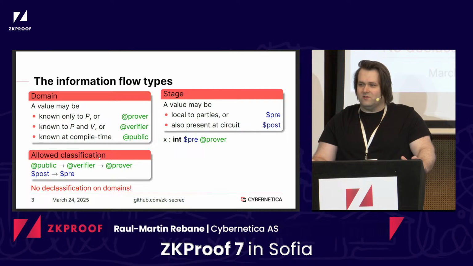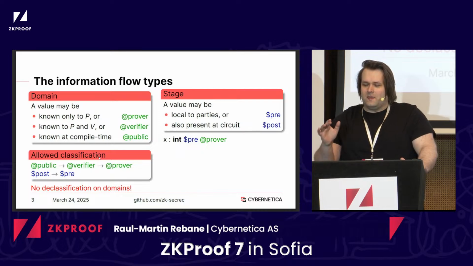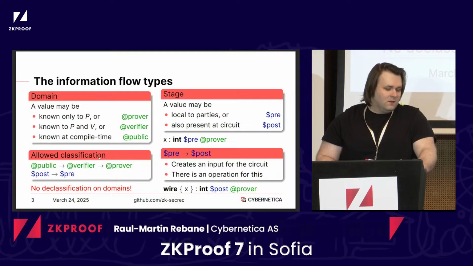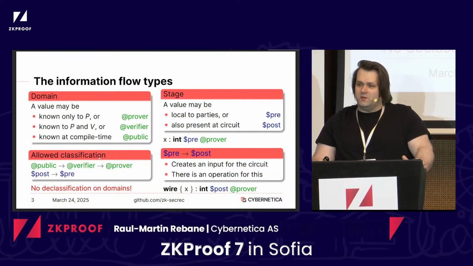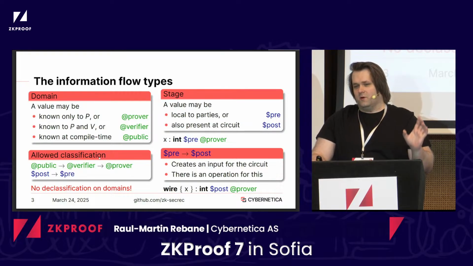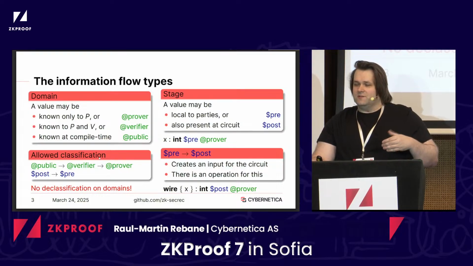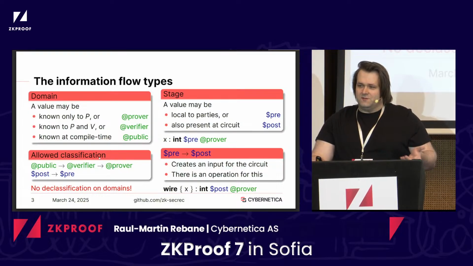Obviously, if you know the value, you take it off circuit and do some computation with it, and then you can do some witness expansion with it, where we allow new wires to be created with this wire operator, which allows you to move from pre to post. And then obviously, as it is a new input to the circuit, typically it involves some checks as well.